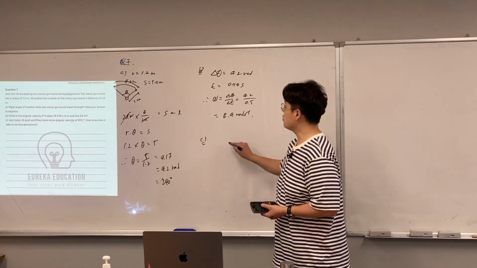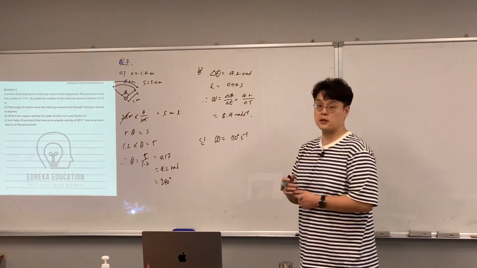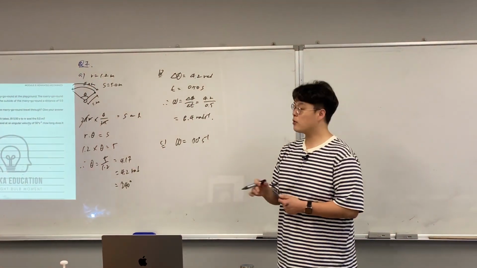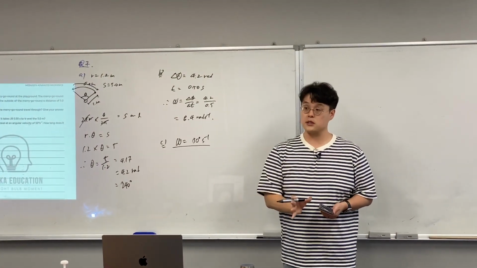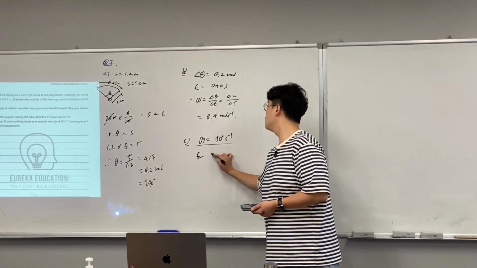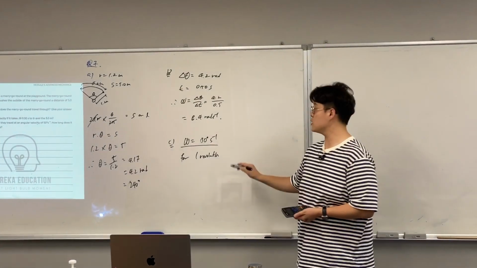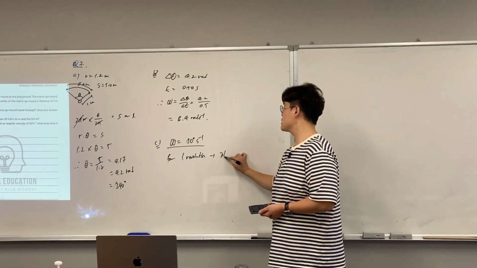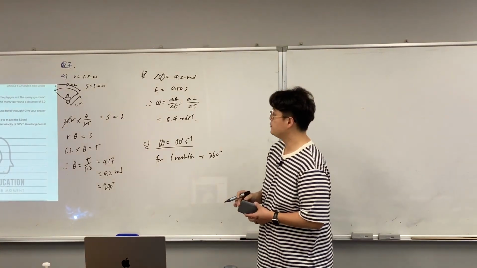So given that the new angular velocity is 50 degrees per second, guys, think about what I mean here. Per second, it moved 50 degrees. So for 1 revolution, which is equivalent to 360 degrees, you can think about how long it takes.